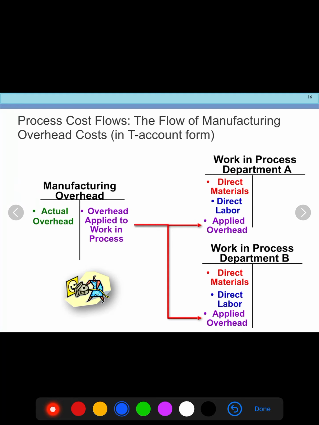For the flow of manufacturing overhead cost, as you can notice here, manufacturing overhead account is being used for the actual and for the applied.